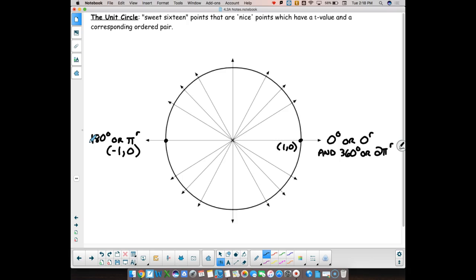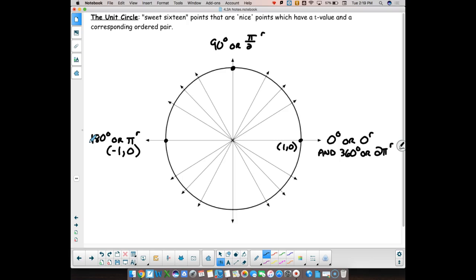Exciting. 2 more uber nice ones. Pi over 2 is where? The top is pi over 2. And that's in terms of radians, correct? In terms of degrees, how many degrees would the top be? 90 degrees. So up here is 90 degrees, or pi over 2 radians.